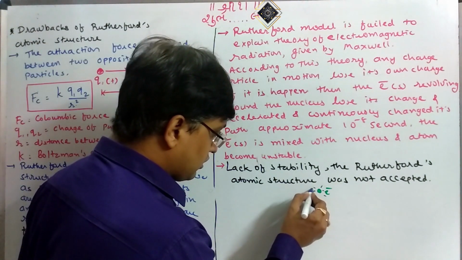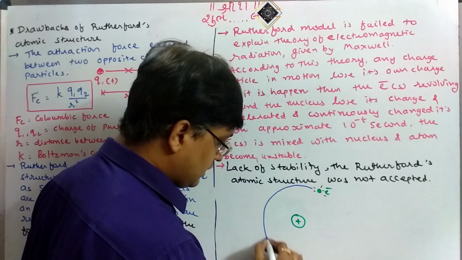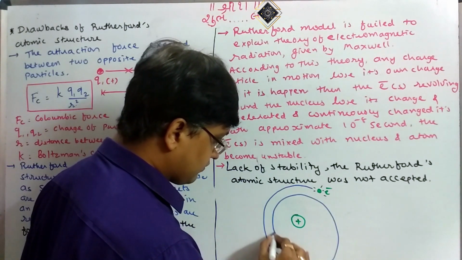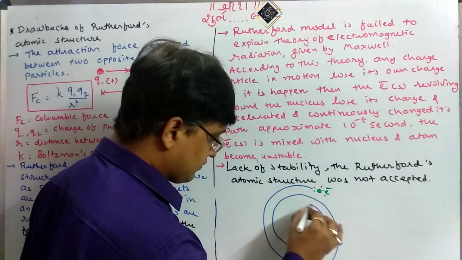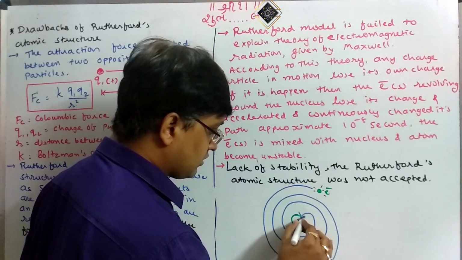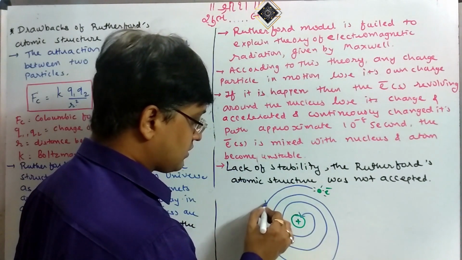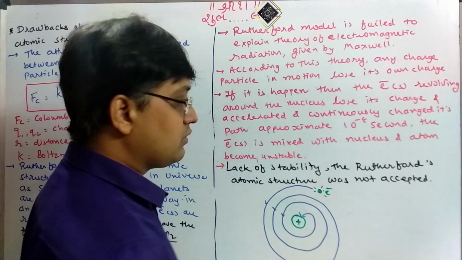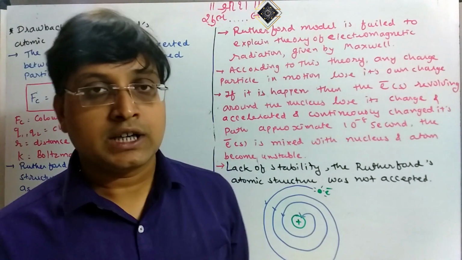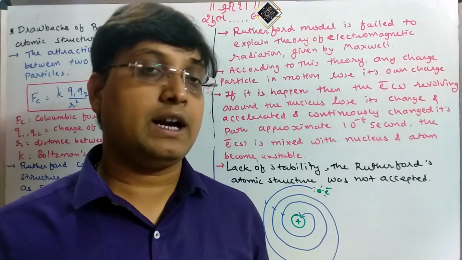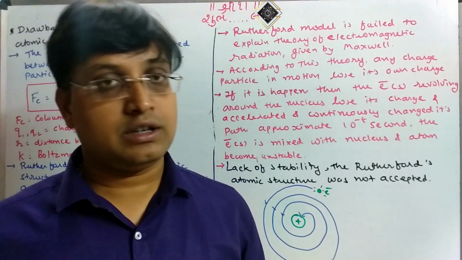This electron continuously changes its path like this, and after 10⁻⁸ seconds it will mix with the nucleus. So for lack of stability, this model was not accepted. After that, Niels Bohr presented the structure of the atom, which we will see in a next lecture.